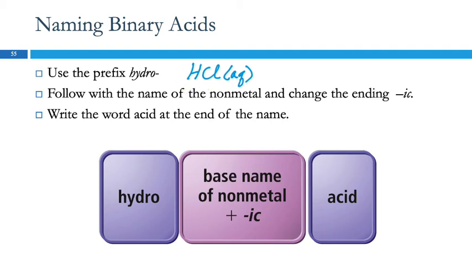So for the hydrogen, we just write hydro. And for chlorine, we change its ending, there's no space here, to ic, so hydrochloric acid. All of the acids have the word acid at the end, so they're really easy to recognize from their names.